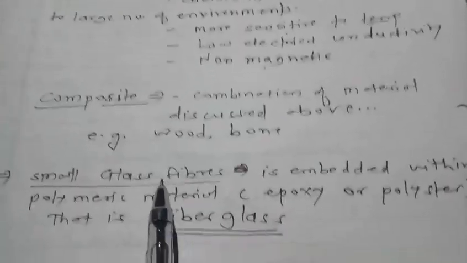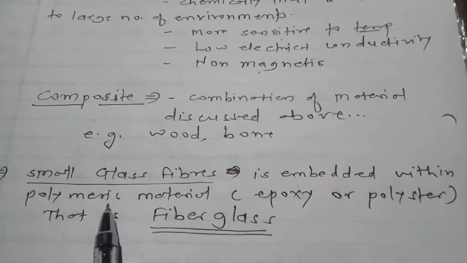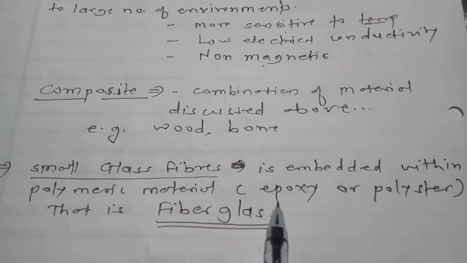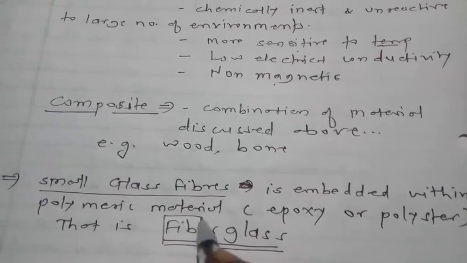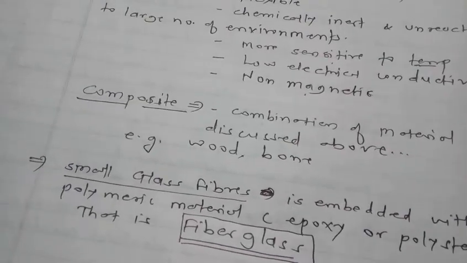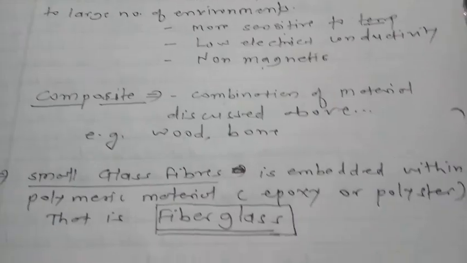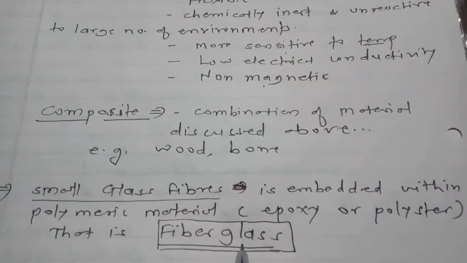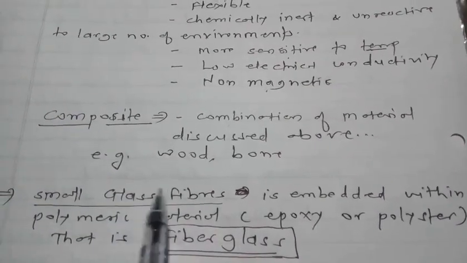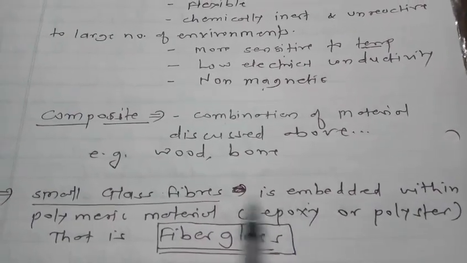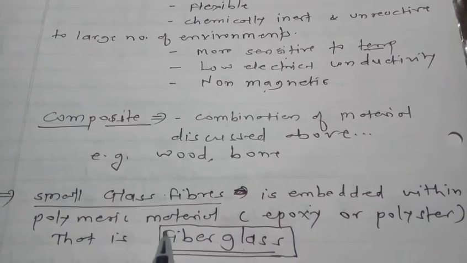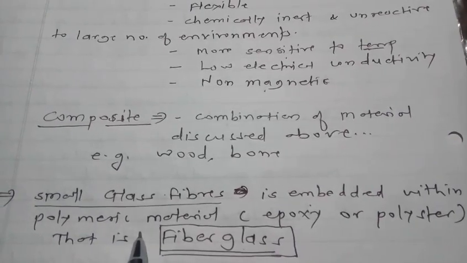Small glass fibers embedded in a polymeric material, such as epoxy or polyester, are called fiberglass. So fiberglass is an example of a composite material. It is made up of small glass fibers, and glass fiber is ceramic, embedded within a polymeric material, that is plastic.